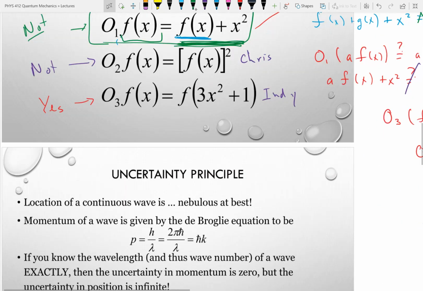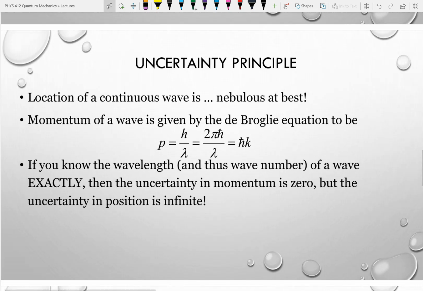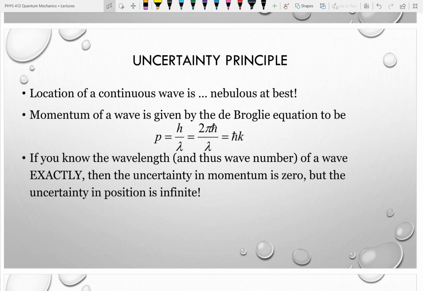Okay, back to this slide. I thought about it because I was wondering how this equation led to that. This equation in and of itself did not lead to the conclusion that if we know exactly the momentum, we have no idea what the position is.